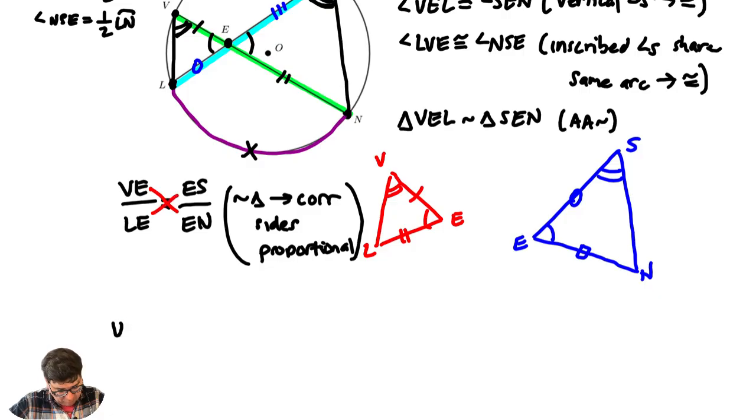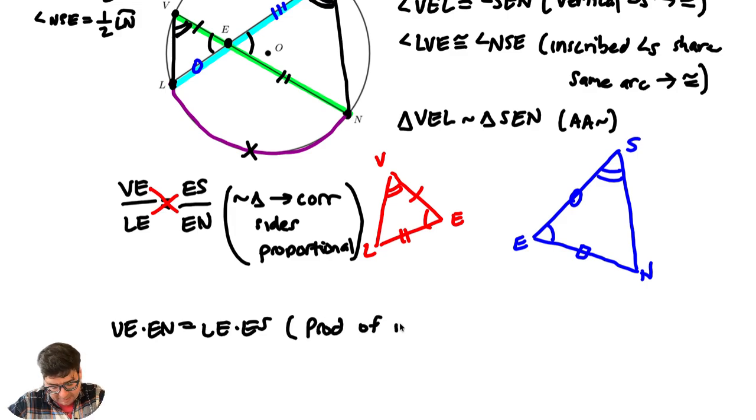One way we can explain why is that the product of the means is equal to the product of the extremes, where the means refers to these middle numbers, and the extremes refers to these numbers on the outside of the ratio. So I can say I proved it: the product of the means is equal to the product of the extremes.